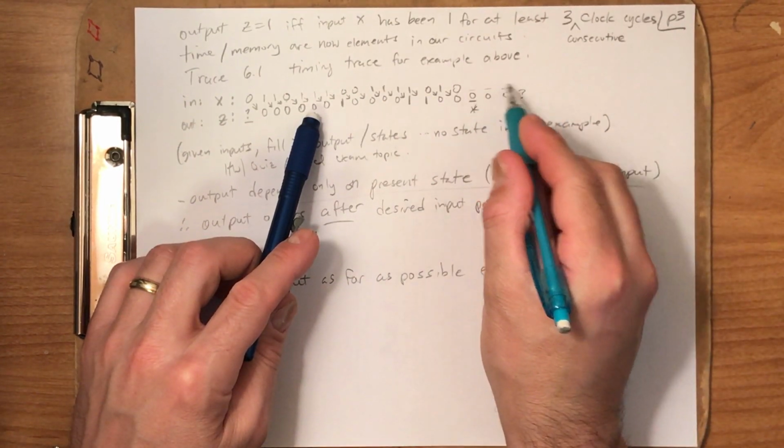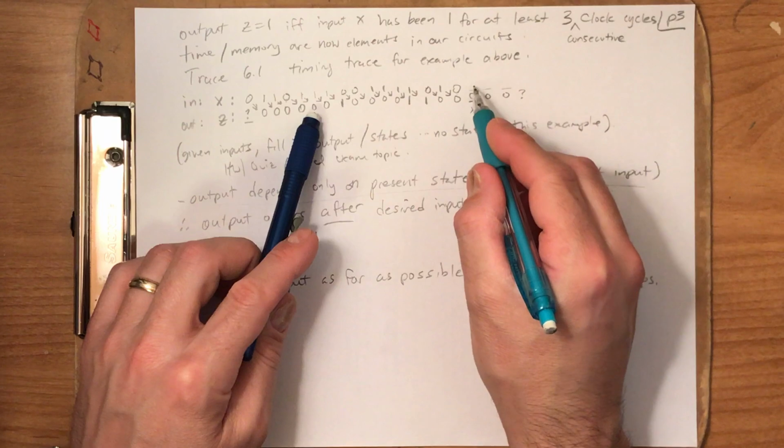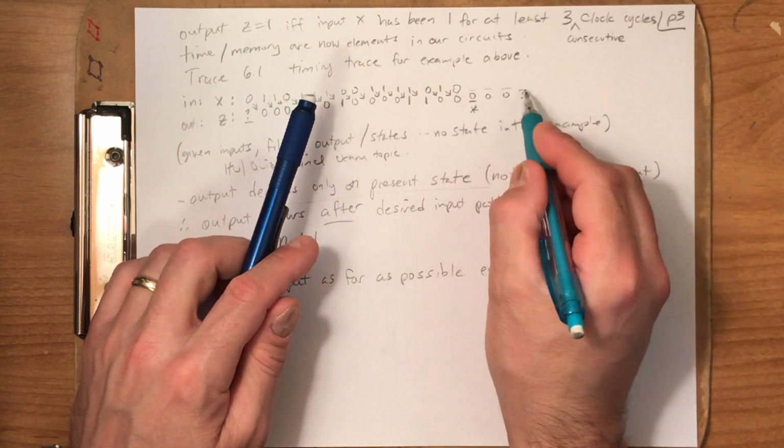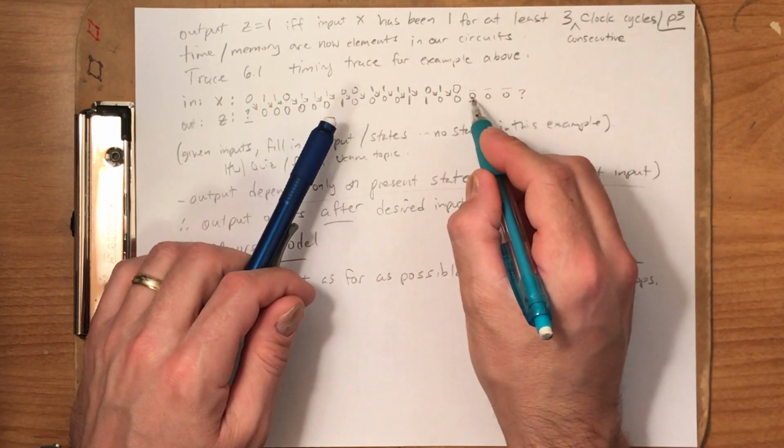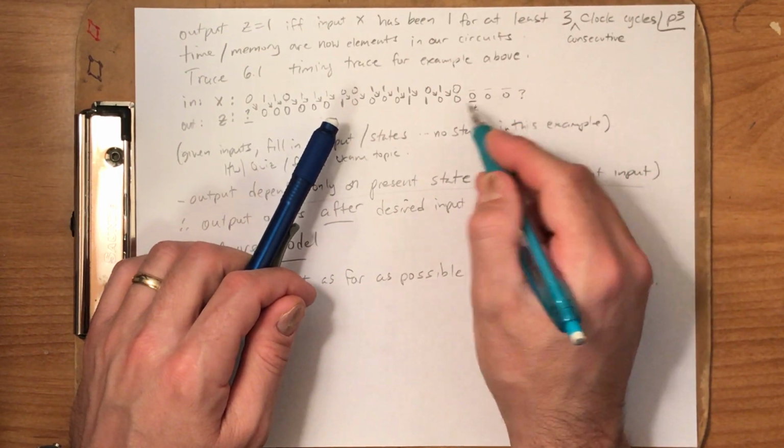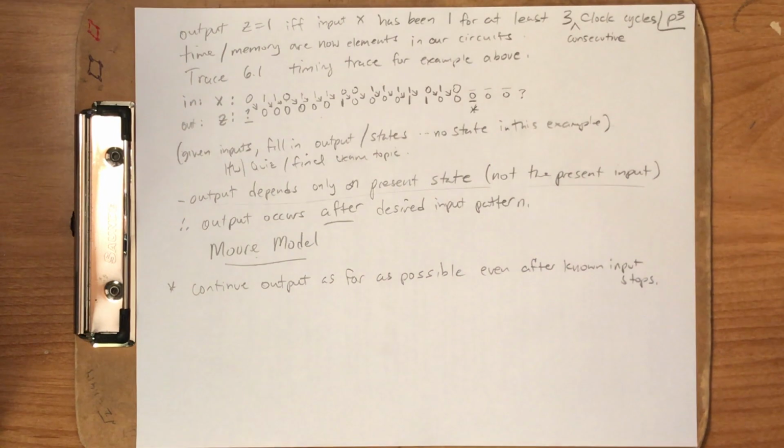If these are 3 1s, then that's going to become a 1. If this has any zeros in it, this would still be a 0. But at this point, we don't know. But we know we'll get at least 3 more zeros here. There's no hard and fast rule about that. You have to reason through it. And we'll look at several examples where I will continue the output until you can't tell anymore.